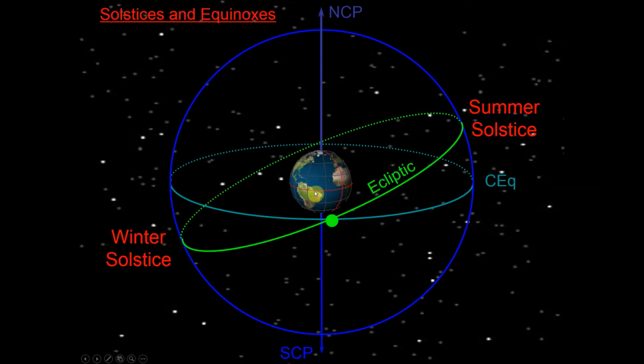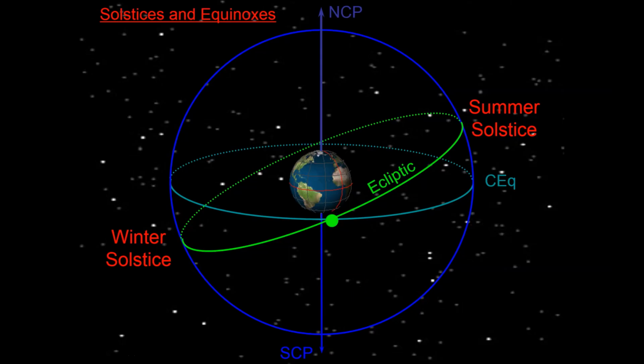So we have our winter and summer solstices, and then we have our equator. We then have the ecliptic. The ecliptic, as you can see, actually crosses the equator. These two circles come together here and here. They intercept at 2 points.